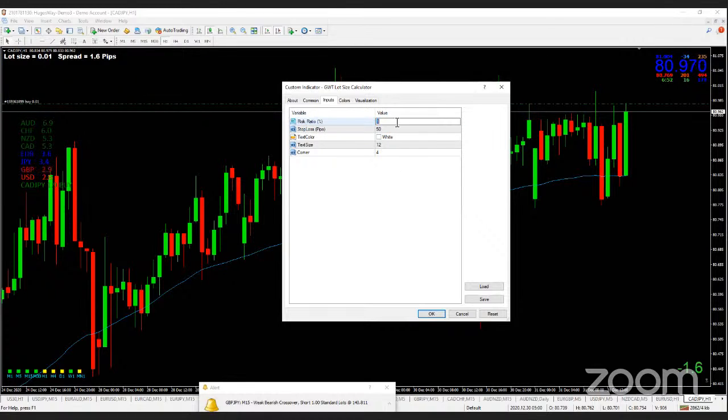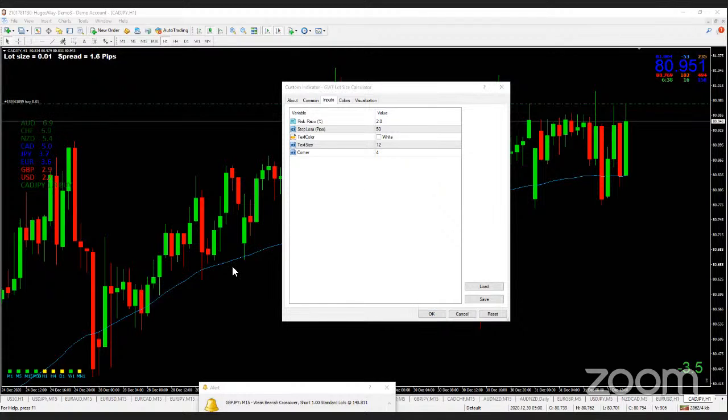If you want to use 2% of your account, you go with that. If you want a 50 pip stop loss, you type it in there. If it's a 75 pip stop loss, you type it in there, click OK, and it will tell you what lot size you should use.